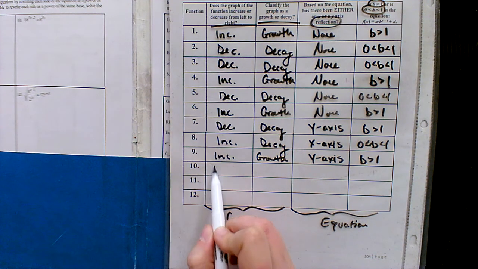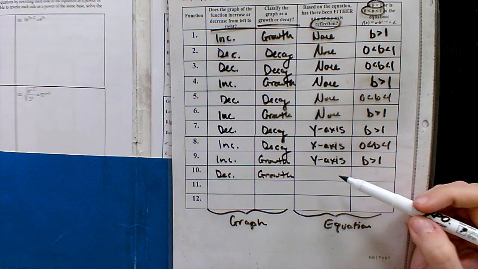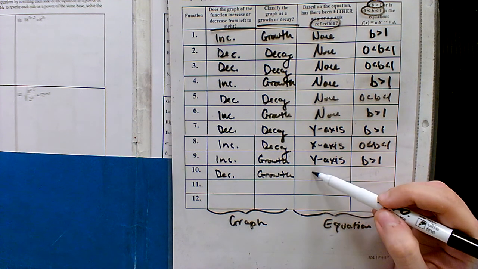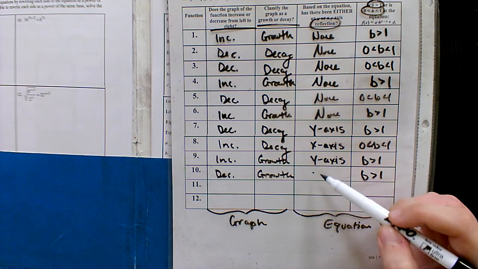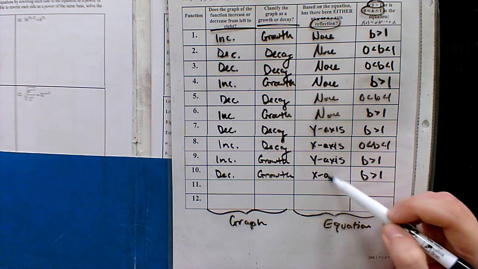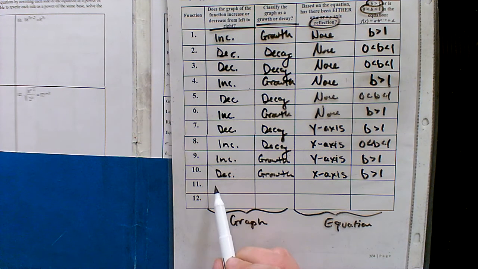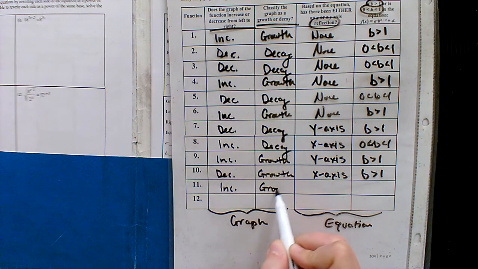Increase growth. Looks good. Lizzie, could you do our equations for 10? B is greater than 1. All right. Did we have a reflection somewhere? It's okay. X-axis. Perfect. All right. Erica, graphs for 11. Increase in growth. Perfect.